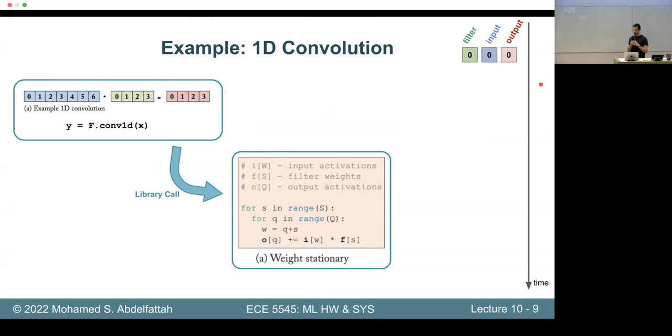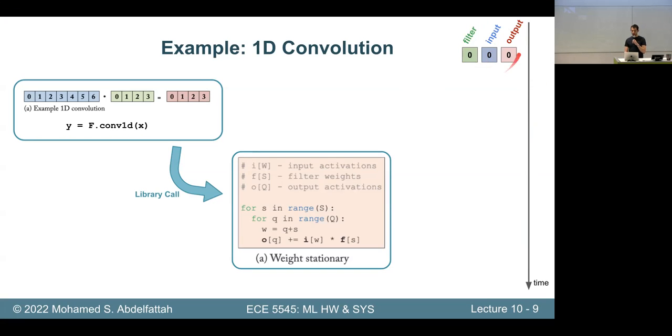So if I'm plotting the filter, the input, and the output across time, then first I fetch filter 0, input 0, and I'm writing to output 0.